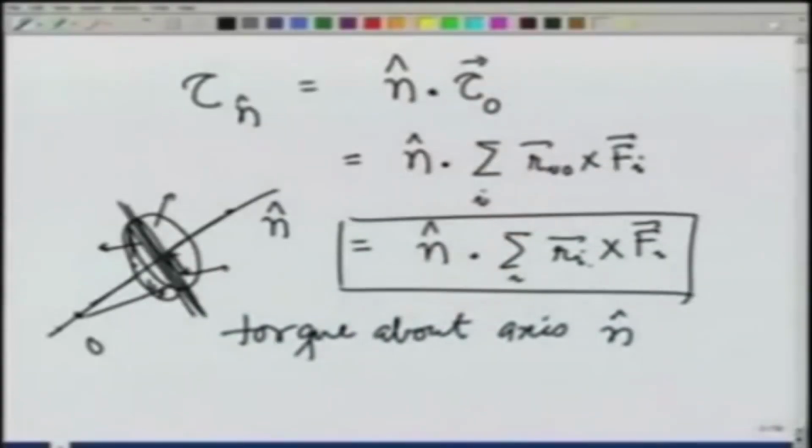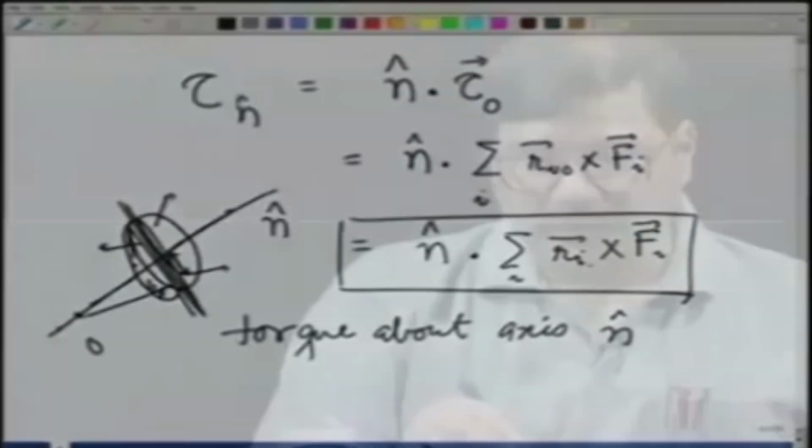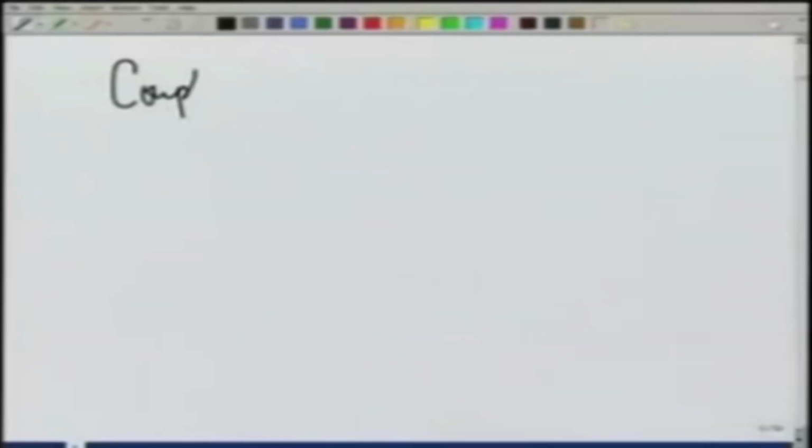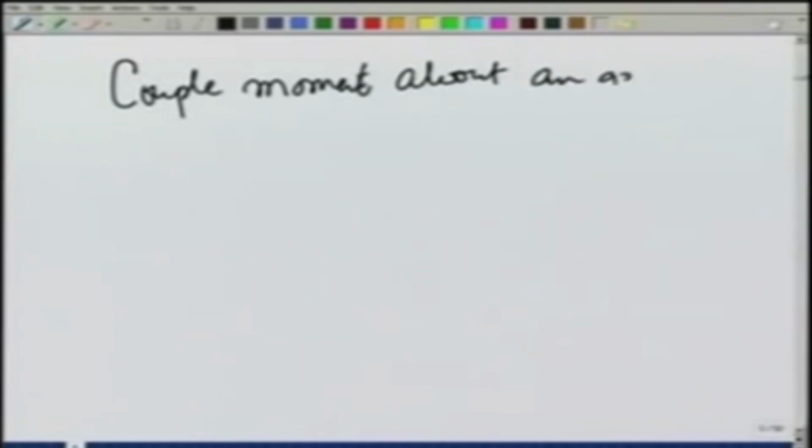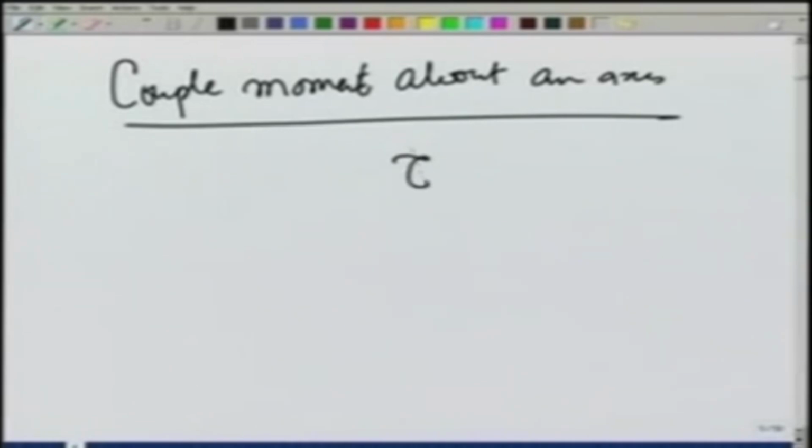In a similar manner, the couple moment about an axis is the couple moment tau dot n, tau about an axis. Exactly the same thing as a torque, because couple moment is nothing but a very special torque.